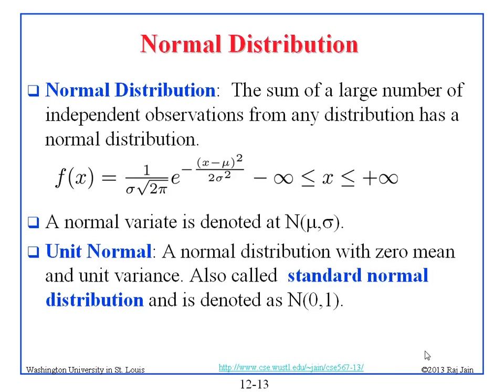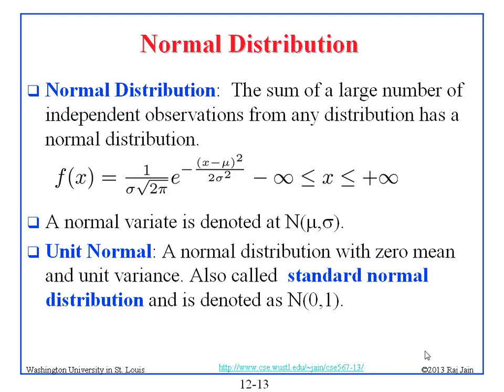So you take any random numbers from any distribution, but take a lot of them. Then the sum will be normally distributed in most cases. Now here's the thing, there are a few exceptions which we'll talk about towards the end of this class. But for almost all cases that we generally deal with, the sum is normally distributed.